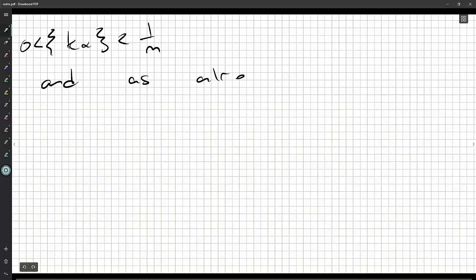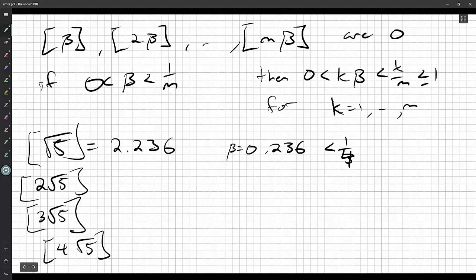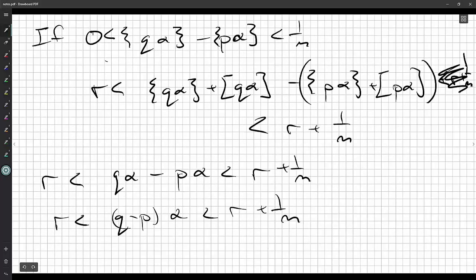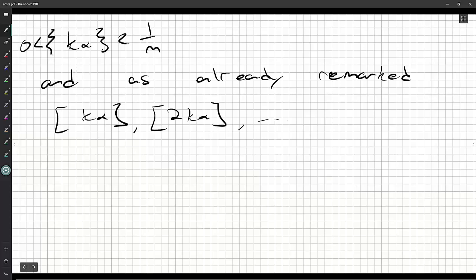And as already remarked, way, way back when, you'll get an arithmetic sequence then. K alpha, 2k alpha, all the way up to mk alpha are not equal to 0, but these guys form an arithmetic sequence.